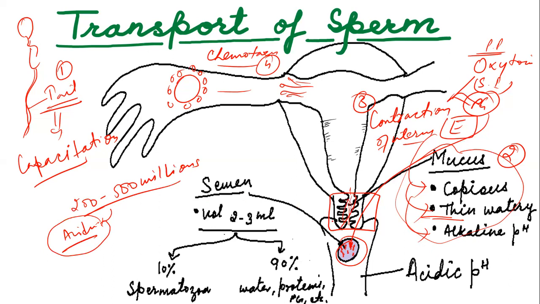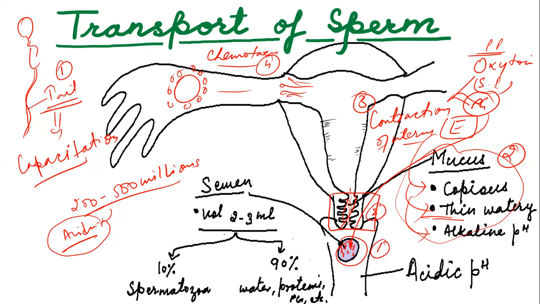Once they reach the cervix, abnormal sperm will get destroyed through the immunological action of the cervical secretions, meaning the immunoglobulins present in them. So the first scrutiny is because of the acidic pH.